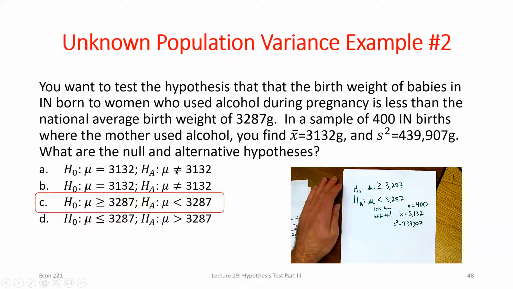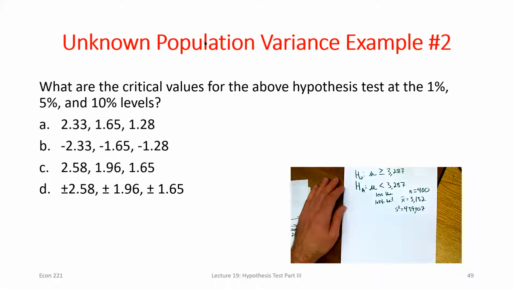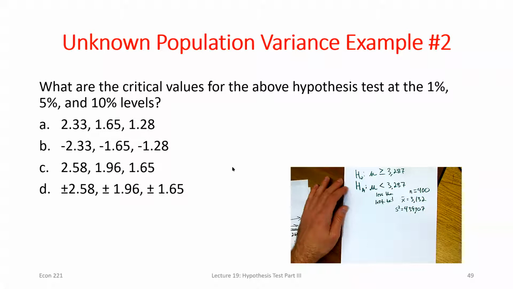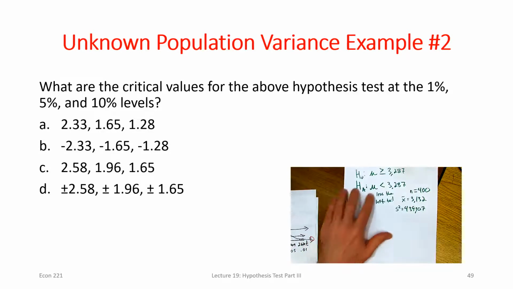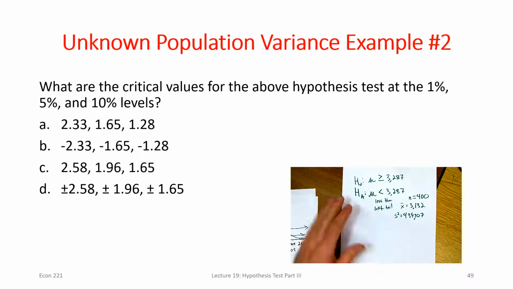Okay. Now from here, I'm probably going to have to do things like find critical values. Well, first of all, if I go back, sorry. If I have a left-tailed test, which of these do I know has to be the correct answer? If I'm looking at a left-tailed test, all my cutoff values, my critical values, the only evidence that goes against the null is evidence on the left side.